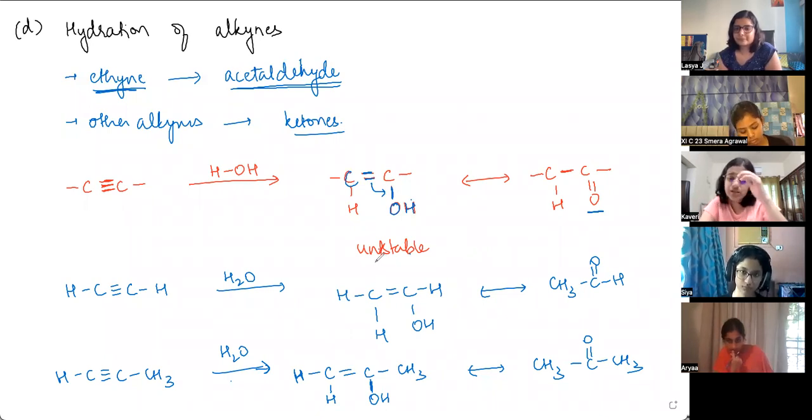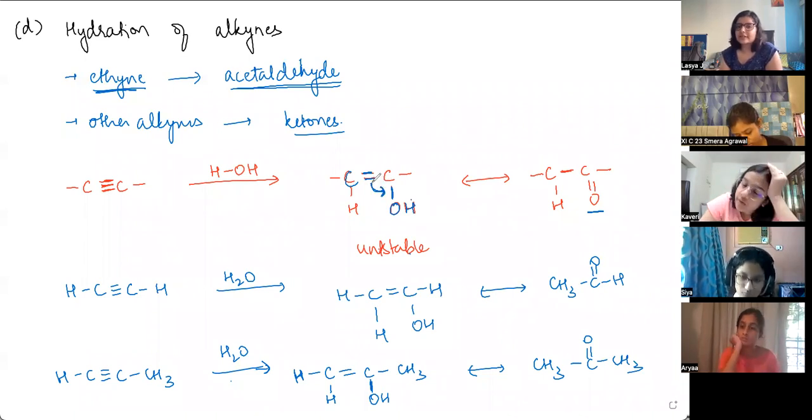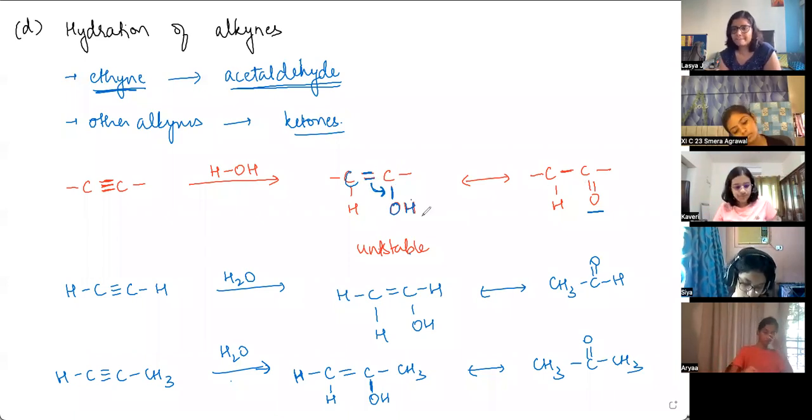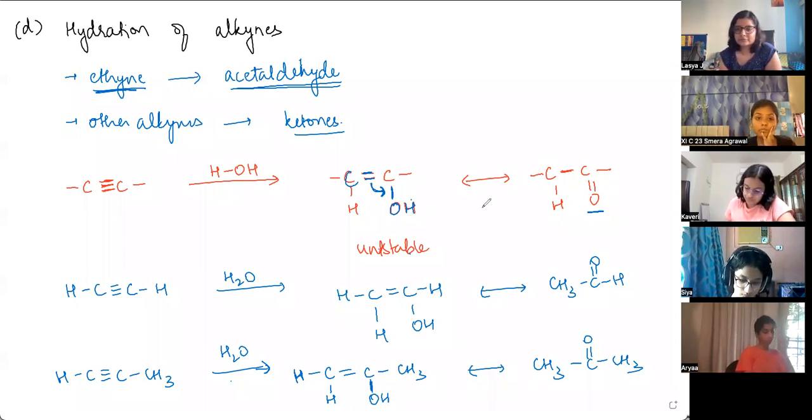So tautomerization happens only in compounds where there is resonance. Tautomerization is the process where electrons migrate and the bonds rearrange into a more stable form. This is more stable.